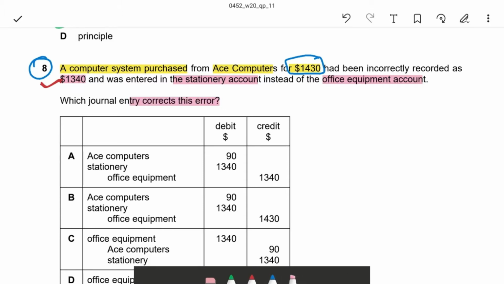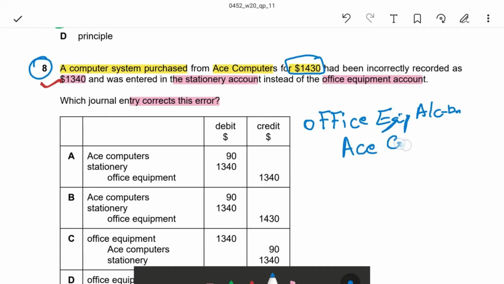First we can enter the correct transaction. The correct transaction is the business purchasing a computer system, which is an office equipment item. So the correct transaction is office equipment account debit, Ace Computers credit, amount 1,430.